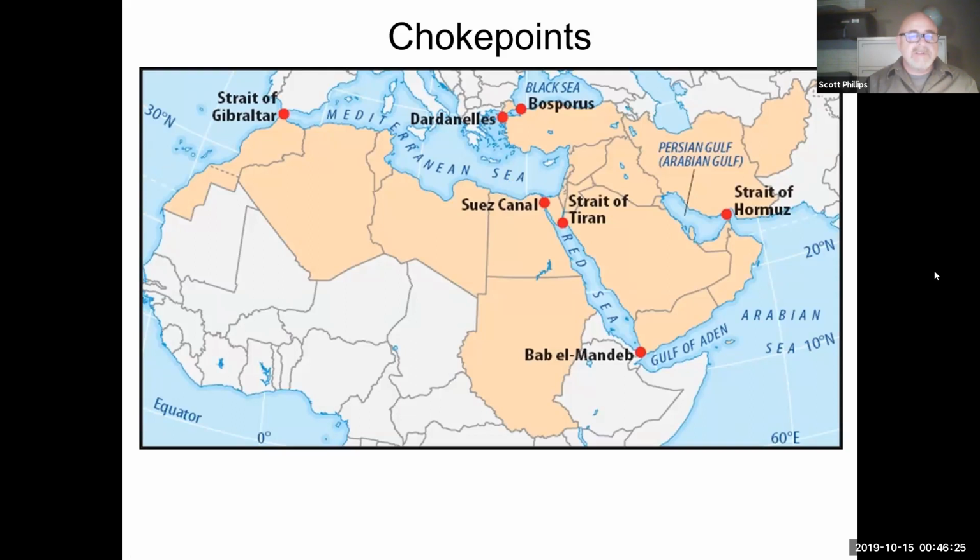And another thing that complicates the international political situation is choke points. Choke points are places where you have these narrow gaps between seas. For example, from the Mediterranean, you have the Strait of Gibraltar, a little bit of a choke point here. You have the Bosphorus Straits in the area around Turkey.